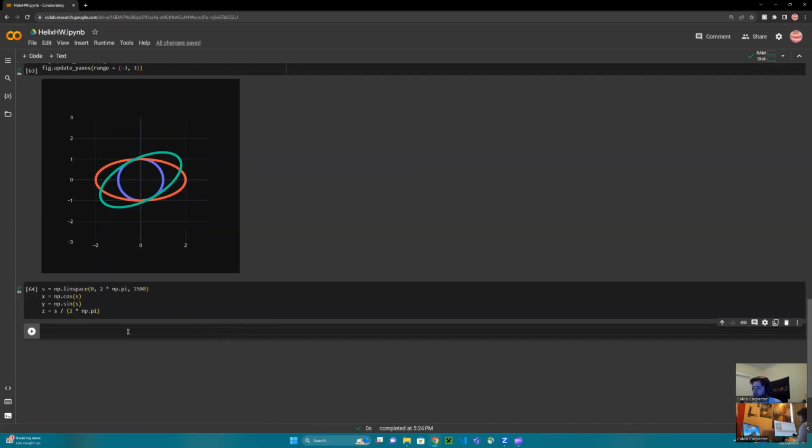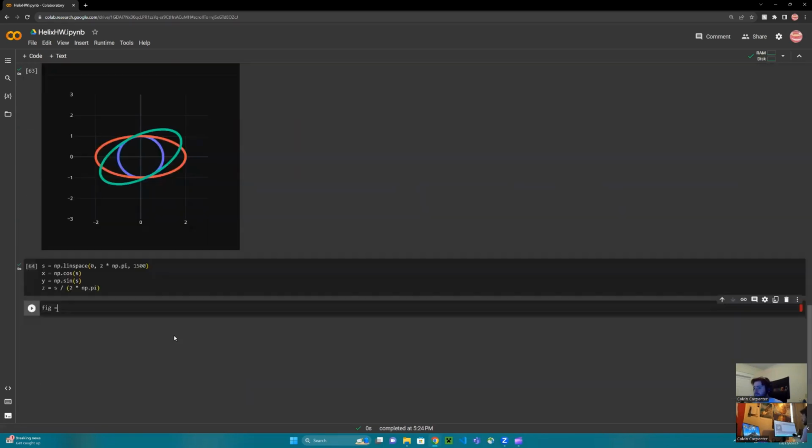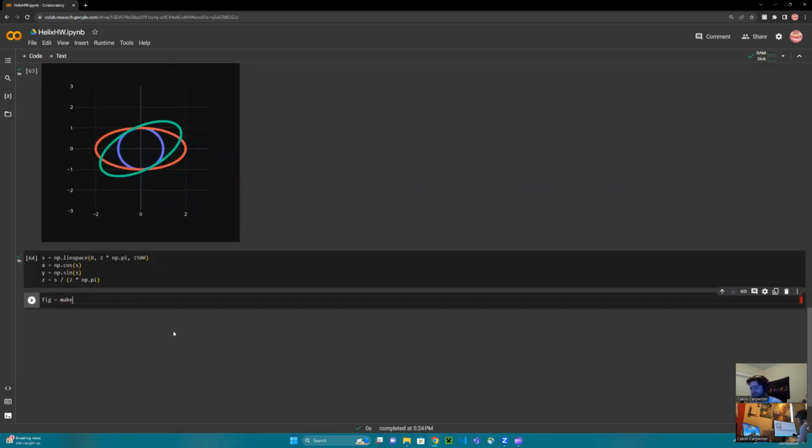So now that we have our conditions for our plot, we're going to make it so fig equals add, make subplots. I struggle hardest with making these things.